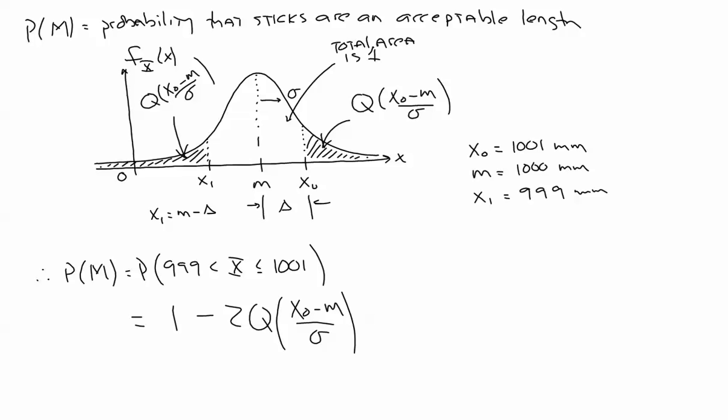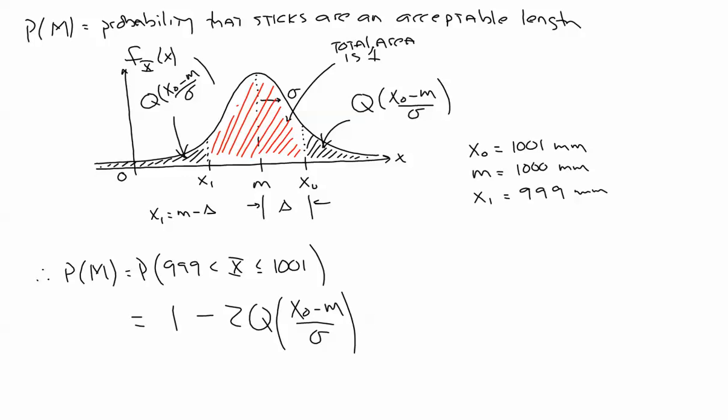I want to find the probability of lying inside of this region that I'm drawing in as red. That's clearly got to be 100% minus 2 times the upper tail.